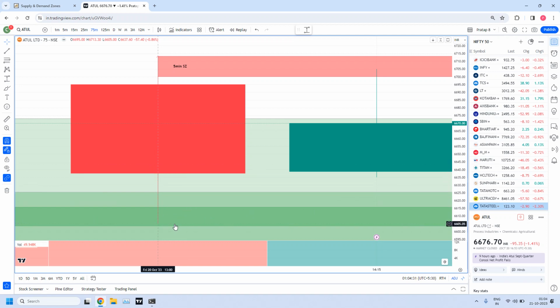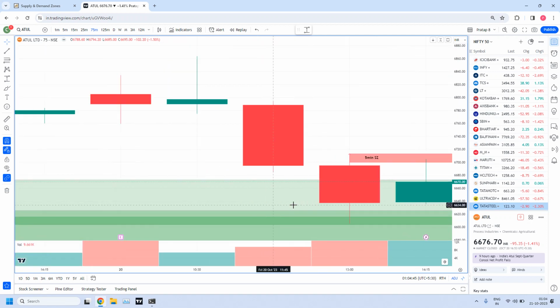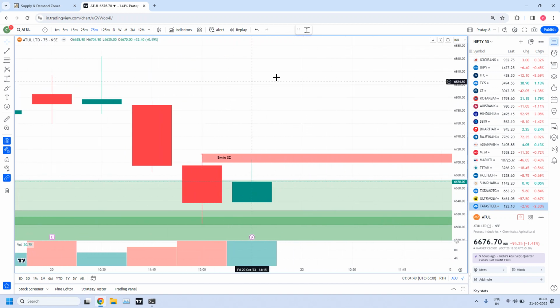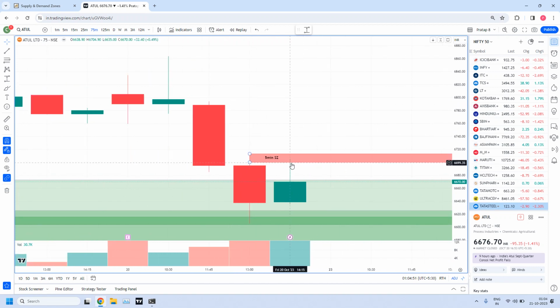That means the real pending orders might have been here, or whatever the supply was there might have been consumed by the time it reached here, and the remaining pending orders pushed the price up. And here it reached the target.